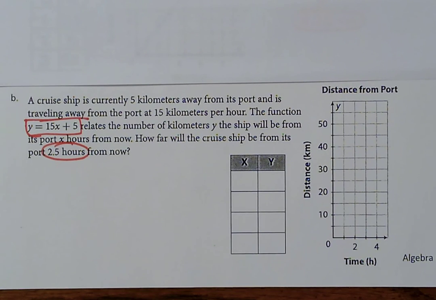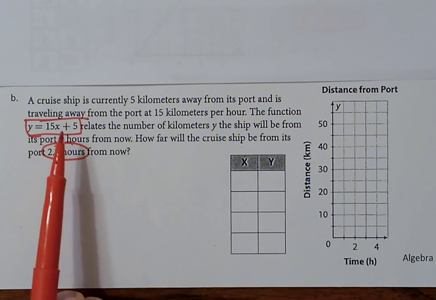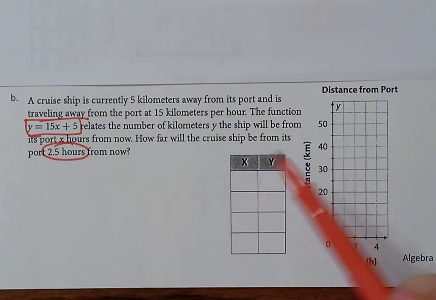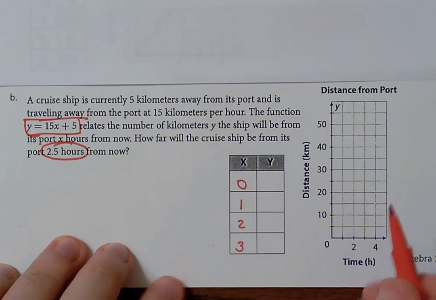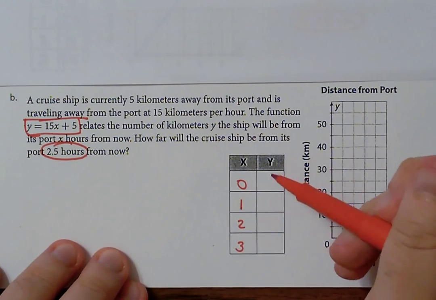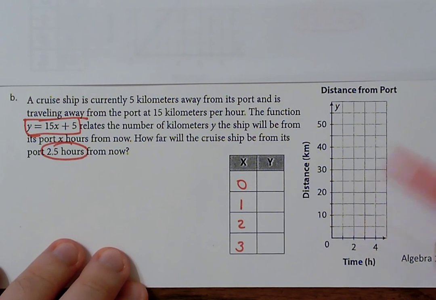Now, real quick, if the problem asks you to go through and fill in a table and then graph it, you would take this function, you would use numbers like 0, 1, 2, and 3, plug it into your function, find your y values, and then graph it.